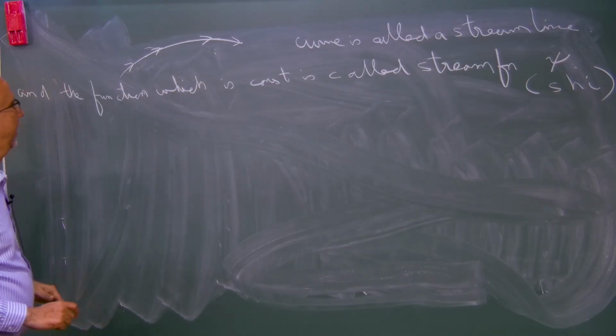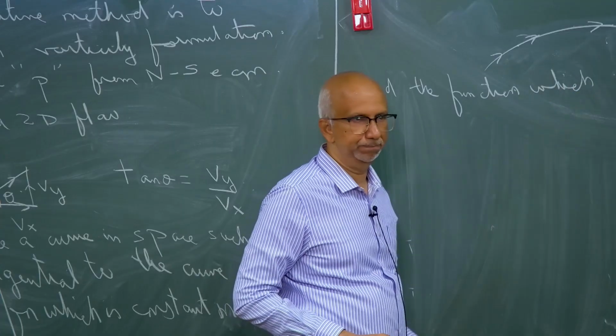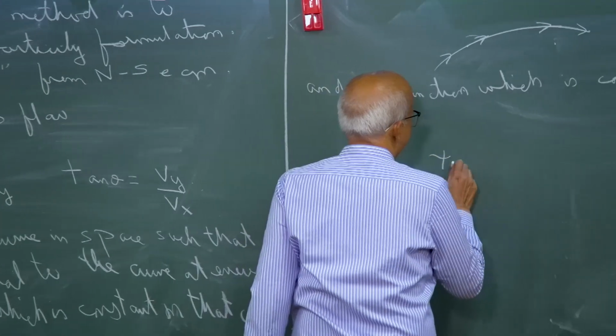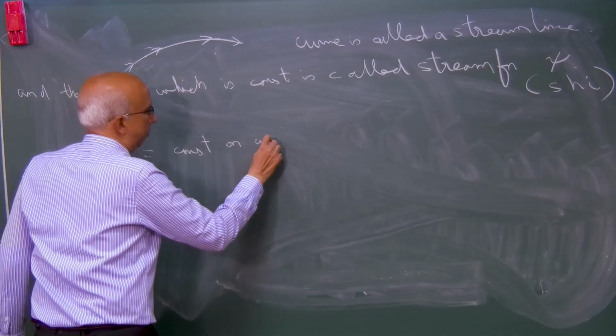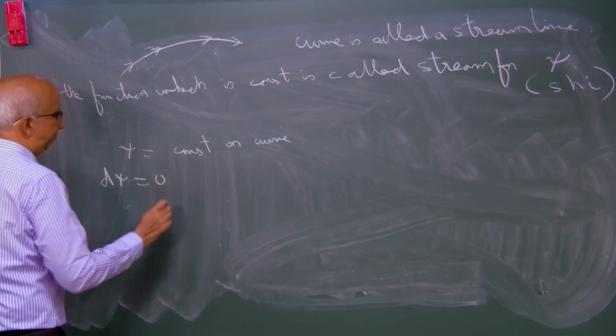So, if I have a curve like this, I can define a function psi which is a constant. So, psi equals constant on the curve, which means d psi is 0.